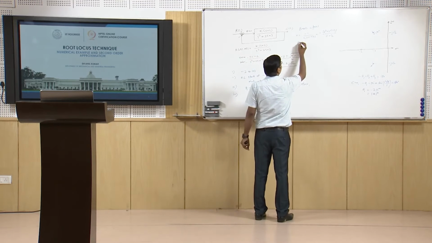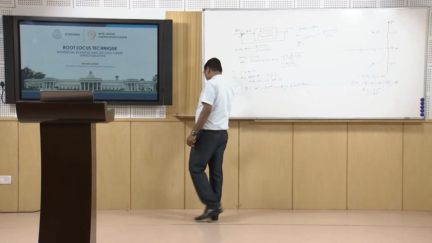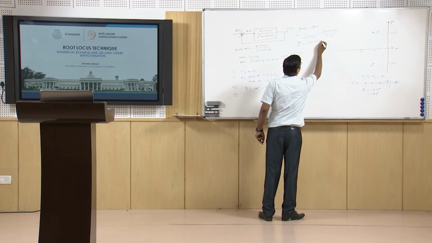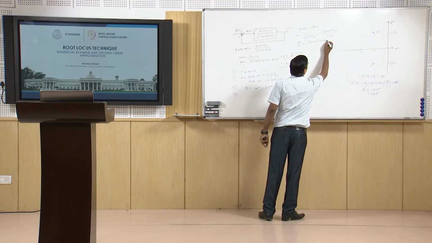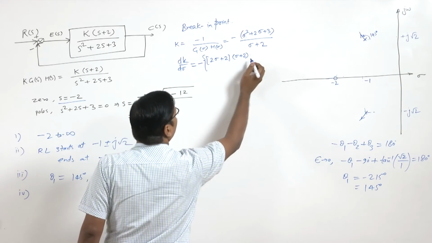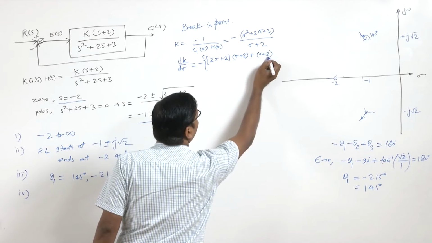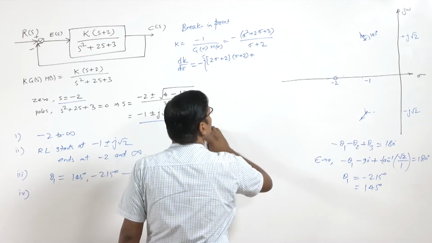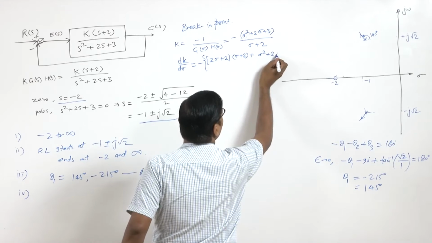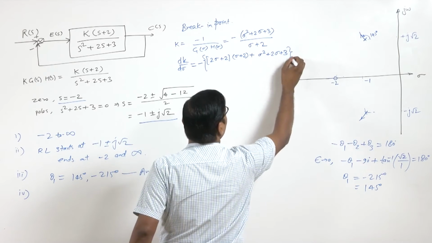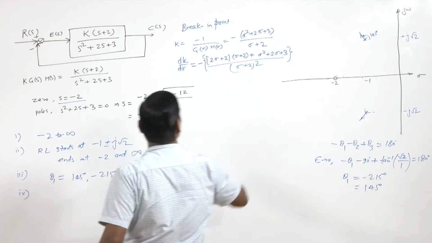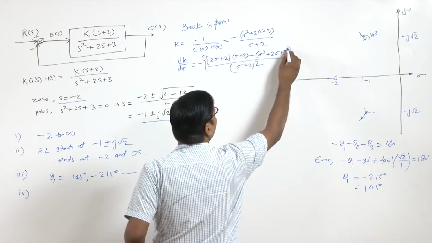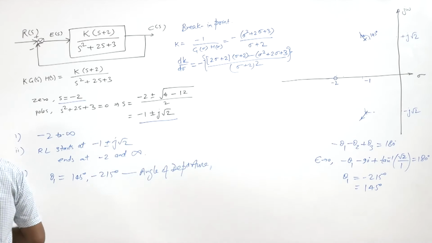Now we find dk by d sigma. So this is the first derivative.